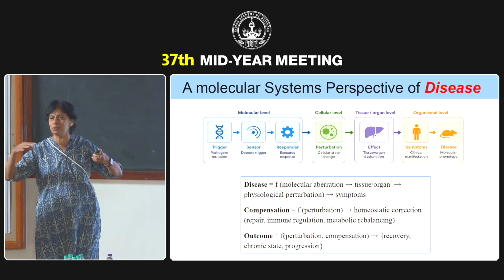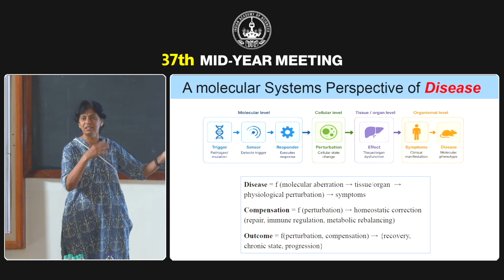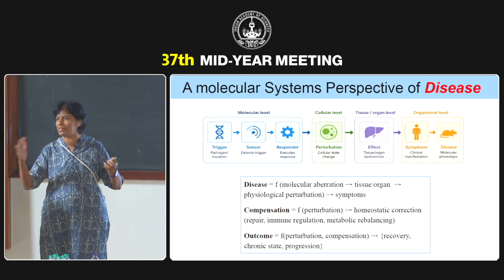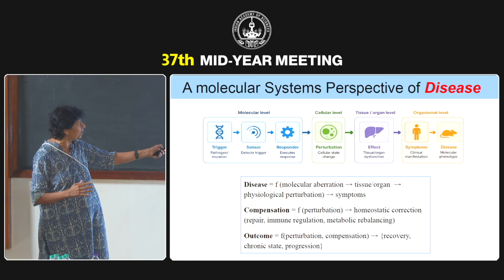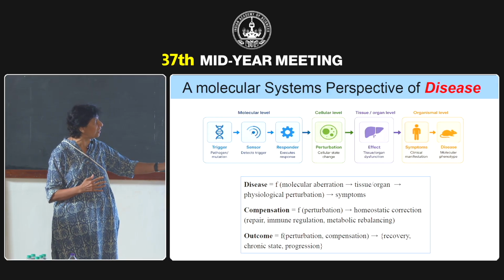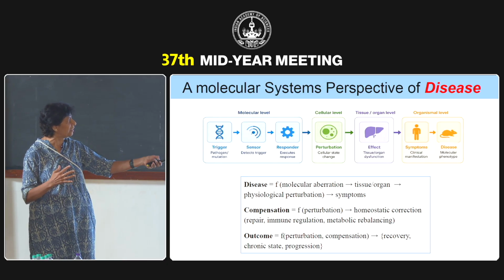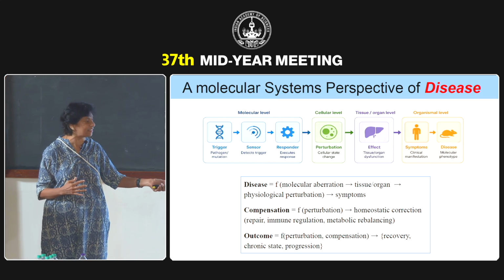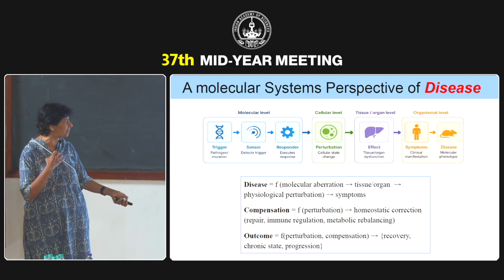All of these are various protein molecules that are there in our human cells, to responder machinery out there who then respond. This is an oversimplification of the whole process, but that's what it is. And what happens at this molecular level must be felt at the cellular level, at the tissue or organ level, which is what actually gives rise to symptoms at the organismal level. So the clinical manifestation that you see is a result of all of these things that are going on. Whether it's in a model system like a mouse or in a human, it's the same story.